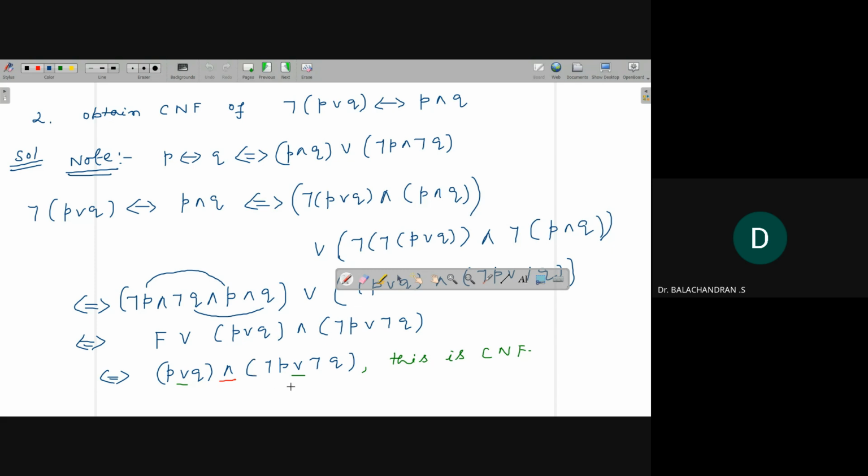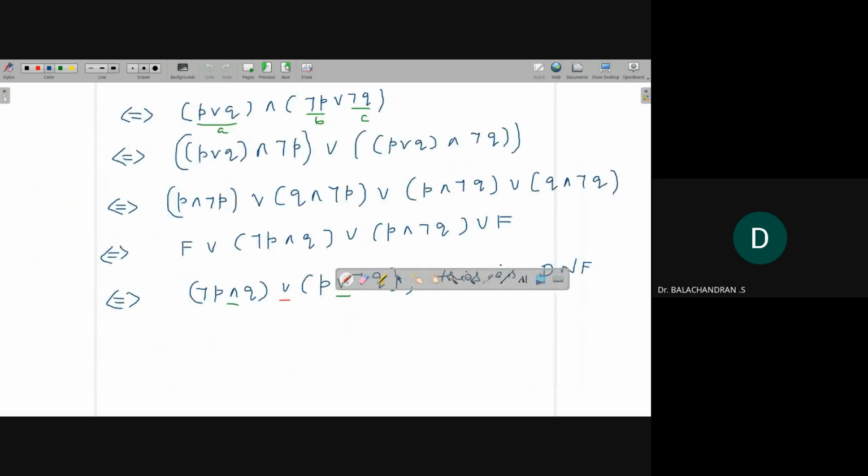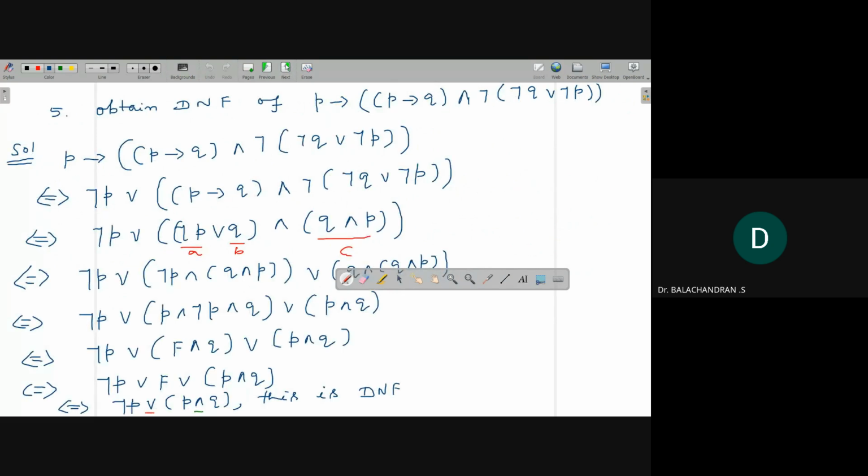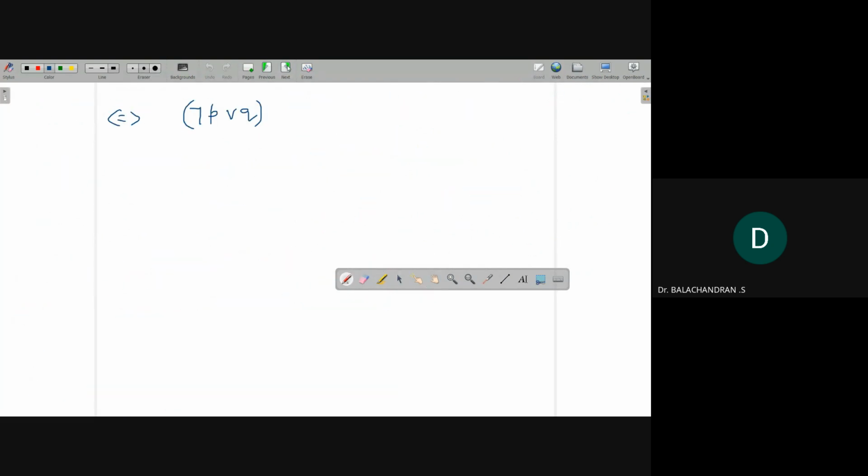Even if I have only the term negation P or negation Q, this term itself is CNF. This is a product of sums, you have a sum here. This is CNF.